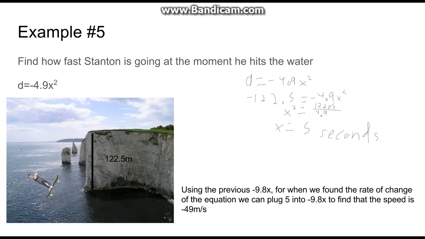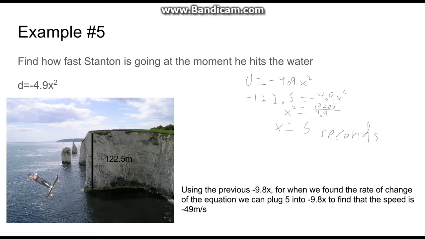So now, moving on to the next question, we have to find how fast Stanton is going at the moment he hits the water. So all we need to find is what the time is when he hits the water. And in order to do that, we use distance, which is 122.5 meters, and we set it to negative because he's falling down. And then we plug that into d equals negative 4.9x squared, and we get negative 122.5 equals negative 4.9x squared.